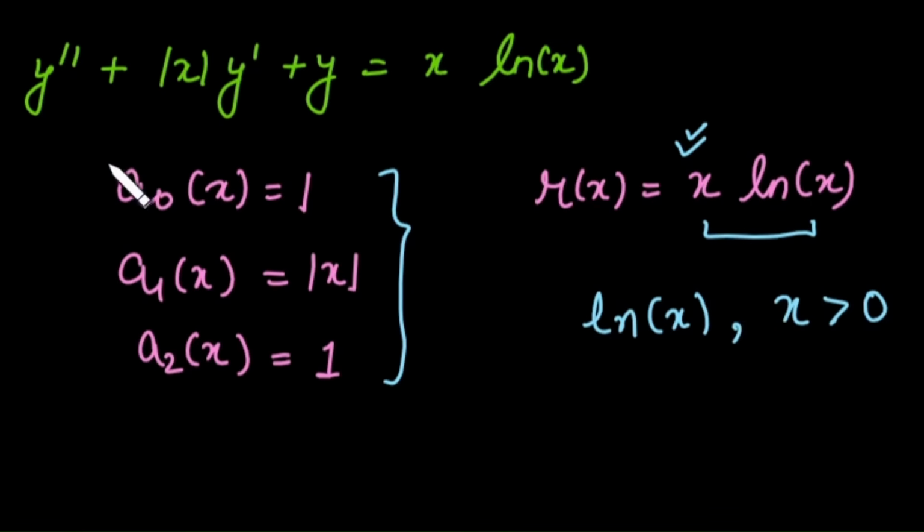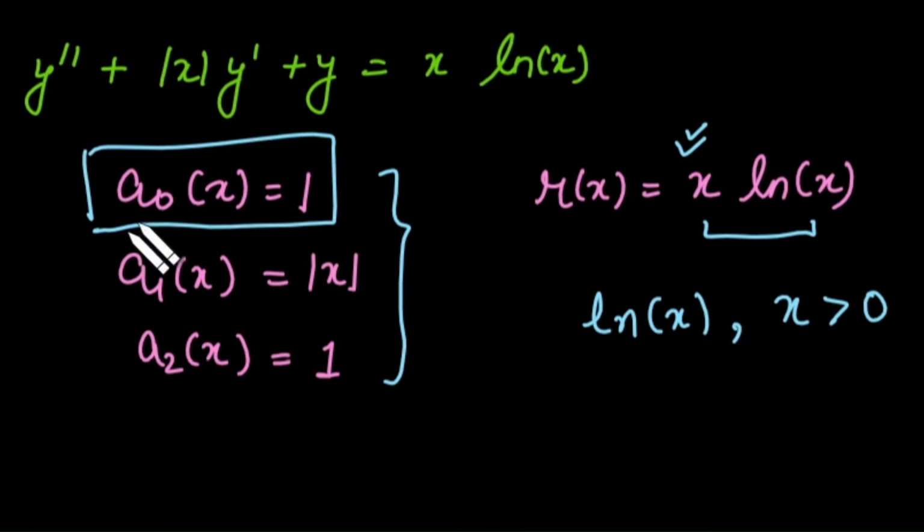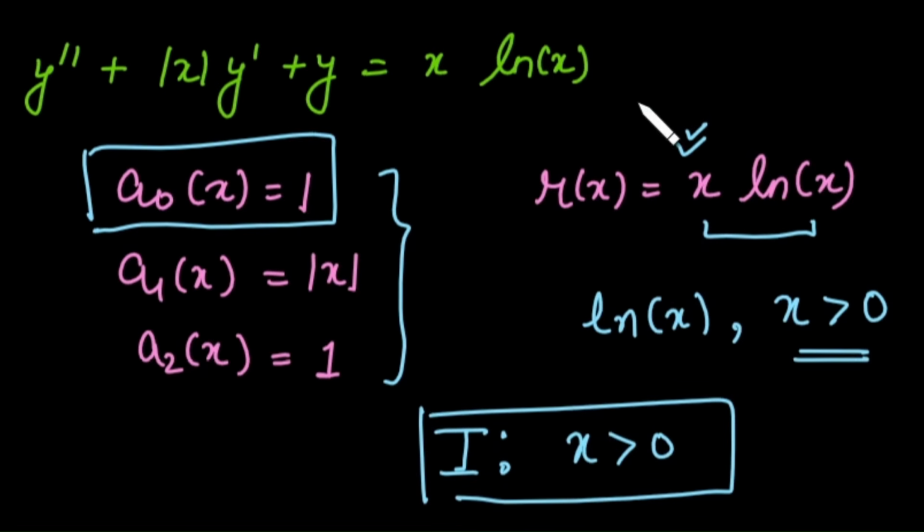Now what about the initial point, that is a0(x)? Is it not equal to 0? Yes, it is always not equal to 0. So we are getting only one condition, that is x greater than 0. So the final interval is x greater than 0. The given differential equation is normal.